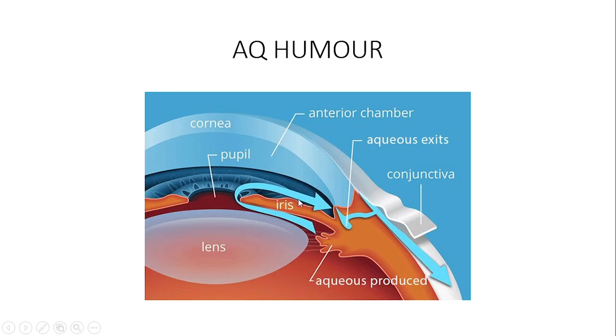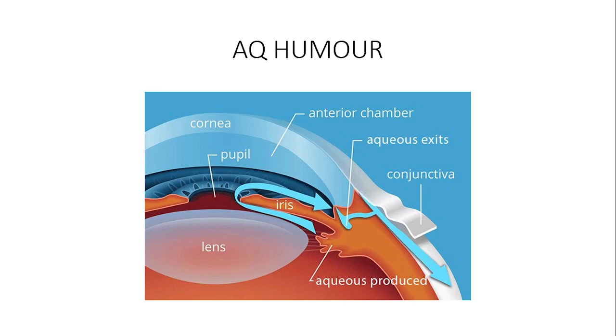Having spoken about how it is produced and how it is drained, let us talk about, I told you that it maintains the intraocular pressure. So, let us talk about certain variations that may occur in intraocular pressure so far as production of aqueous humor is concerned. We have long-term variations and of course short-term fluctuations.